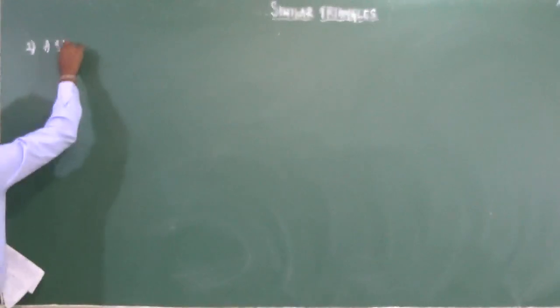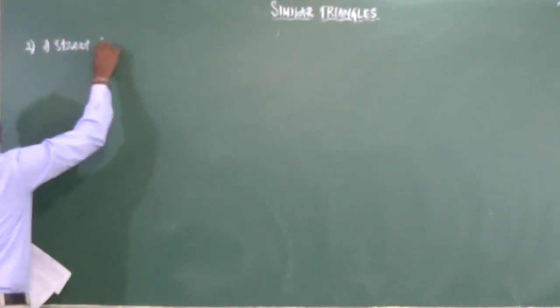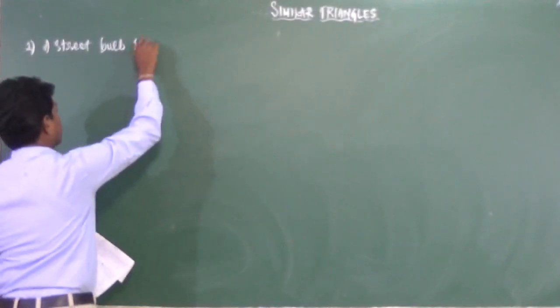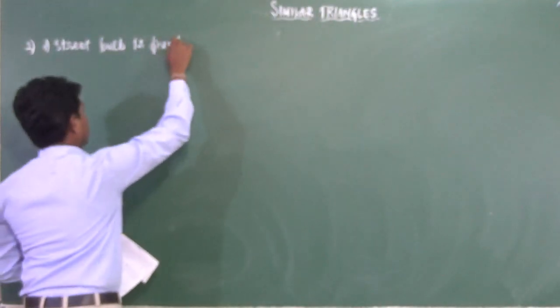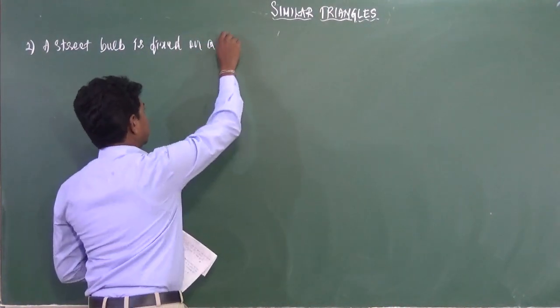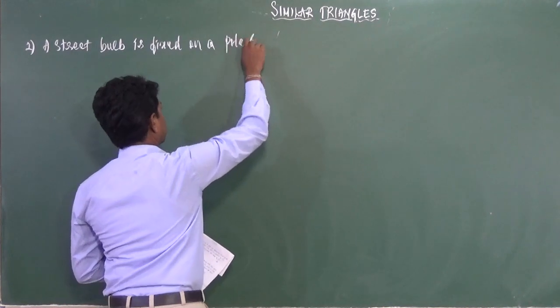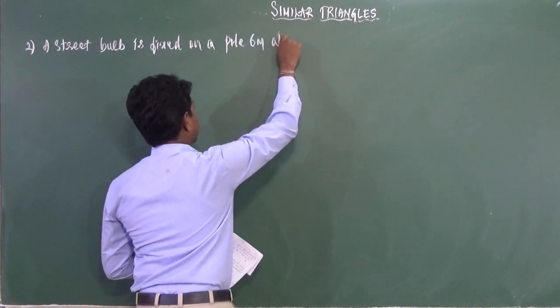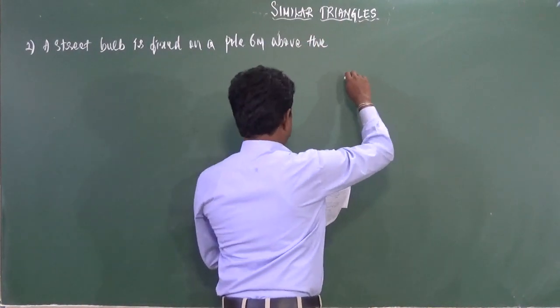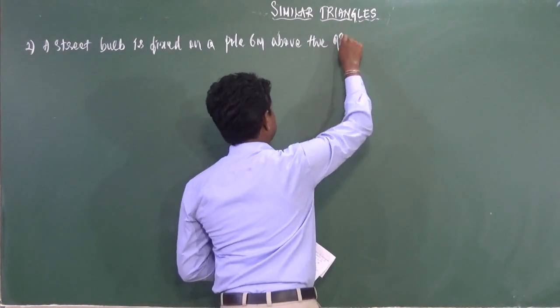A street bulb is fixed on a pole 6 meters above the level of the street, or above the ground.